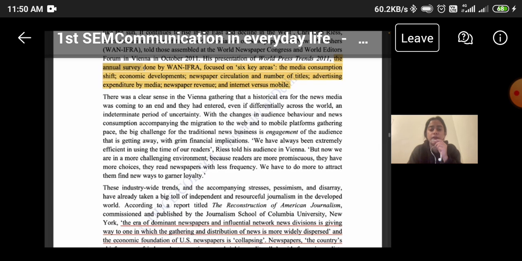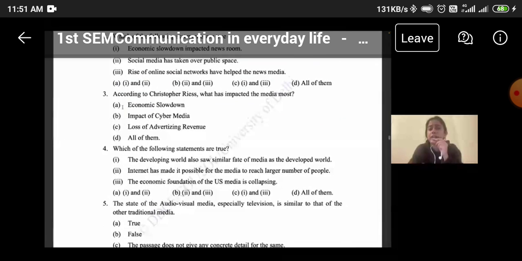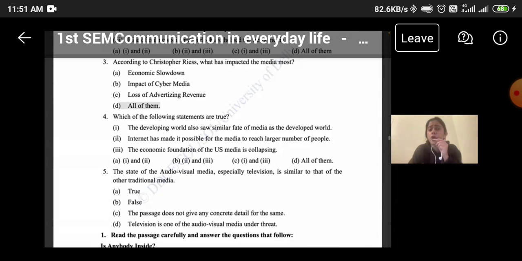It has been surveyed after interviews and data collection. In these 6 key areas, it has been clearly specified that all these 3 have impacted the media most. So all of them are correct.